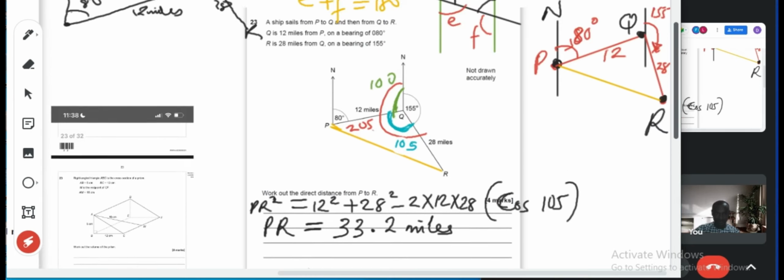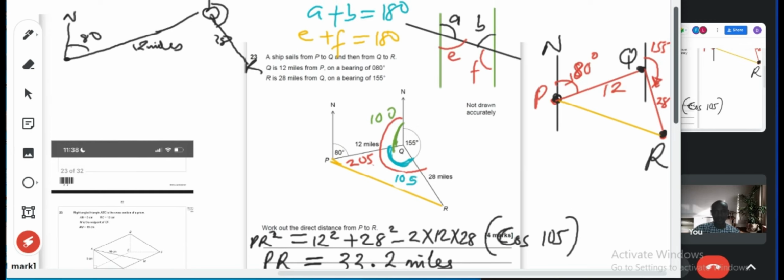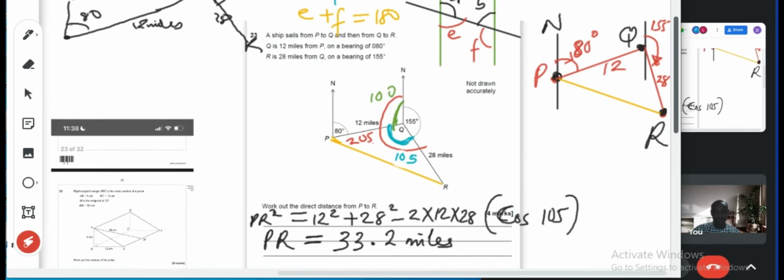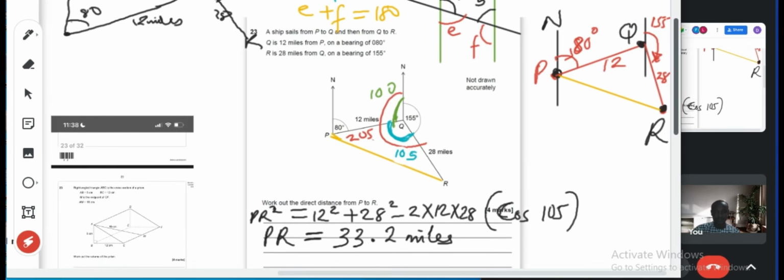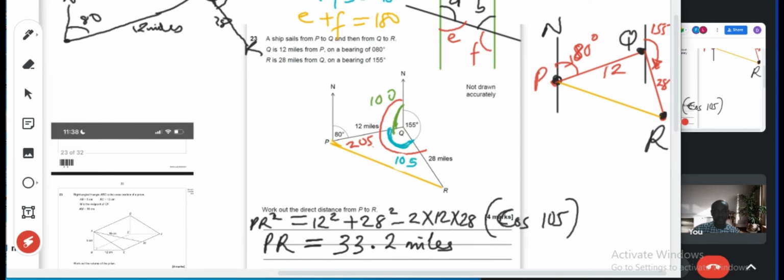If the bearing was 50 degrees instead of 80, does that mean the green angle would be 130? If the bearing from where to where? Bearing from Q to P, I think. Wait, let me show you. Yeah, just use your lesson and show me.